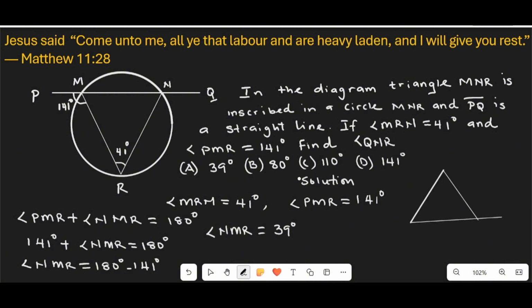Let us say this angle is A, this angle is B, and this angle is C. Exterior angle of a triangle says C is equal to A plus B.